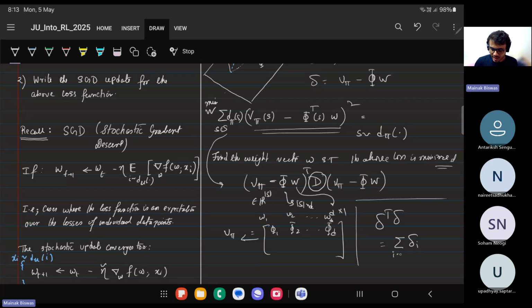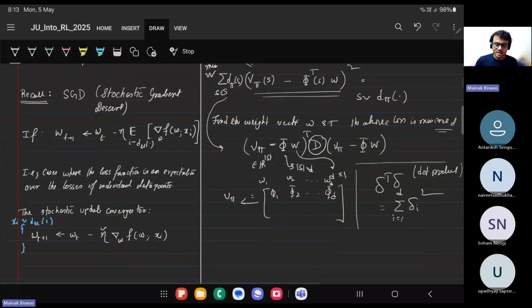It would be the summation of i equal to 1 to n, here D in this case, each of the feature vectors. It's the dot product, right? Yes. So now what I'm trying to say is, if I have a D matrix over here, all it does is, D is a diagonal matrix, of D1, D2, dot, dot, dot, DD, you just multiply the diagonal element with this, isn't it?